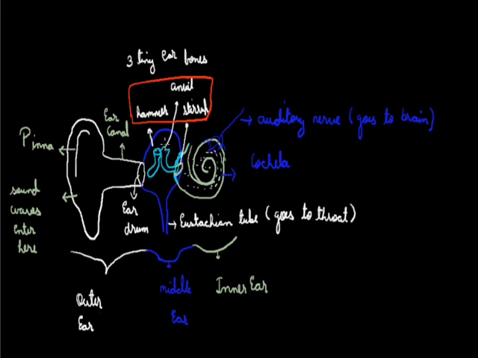The middle ear contains a system of three tiny ear bones, namely hammer, anvil and stirrup. One end of the hammer touches the eardrum.